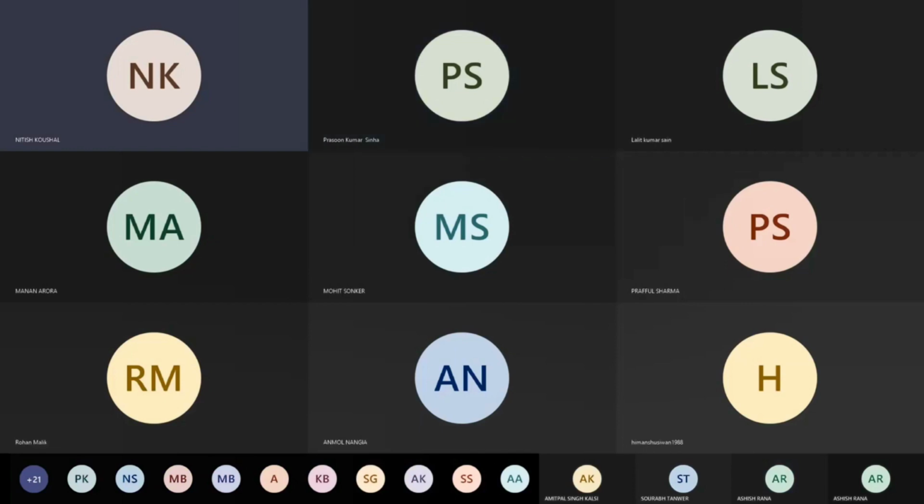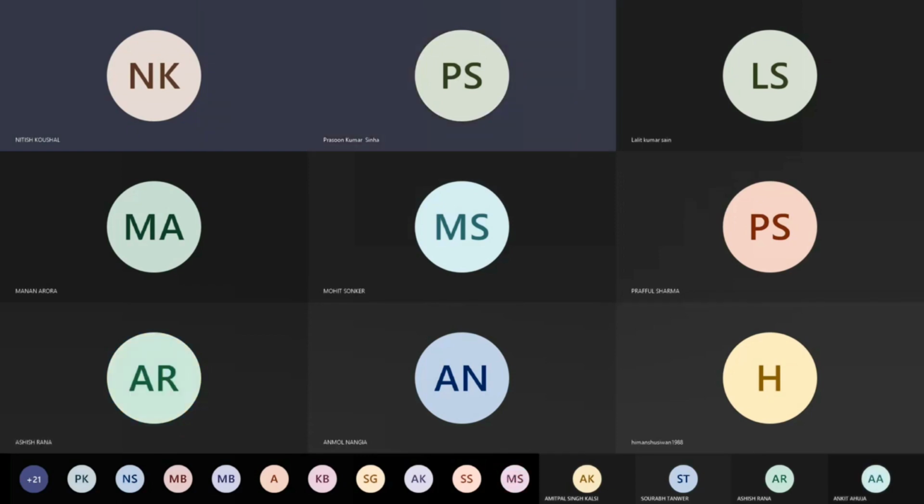Nitish Kumar. Nitish is not responding. Nitish, where are you?